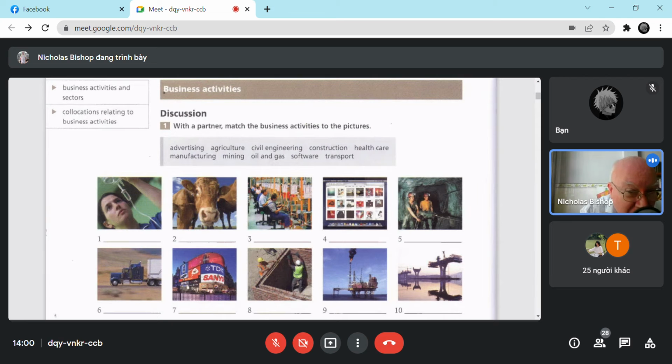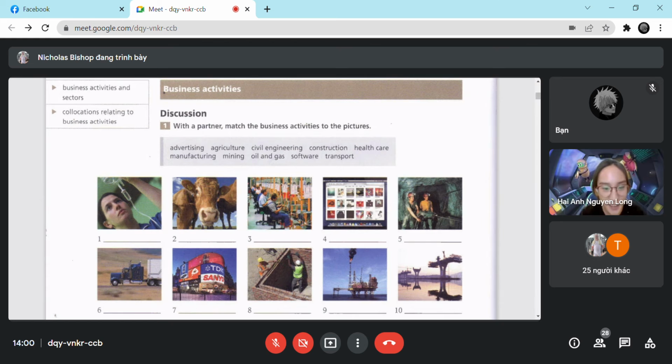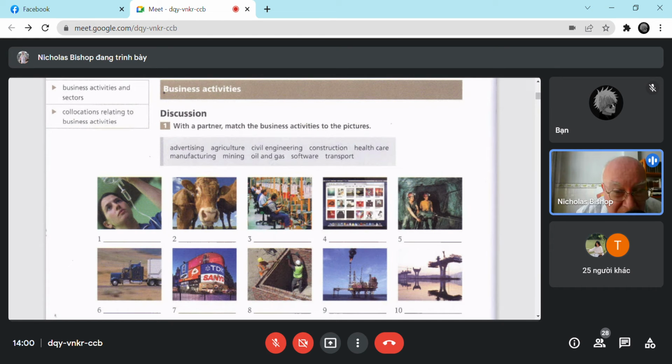Software, yeah. Why do you think software? Because I see a computer, so I guess it's software. It looks like a computer, and in fact, it looks like pictures, like photos, like images of something.